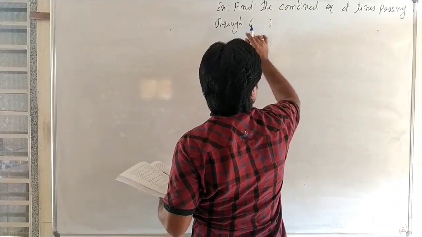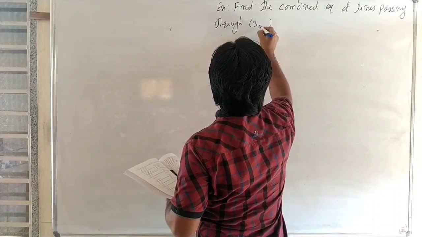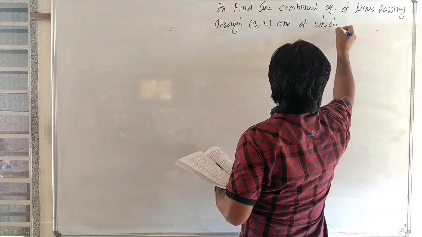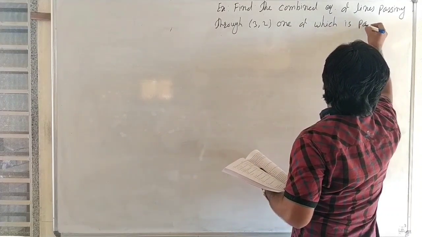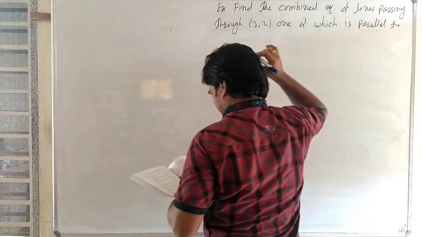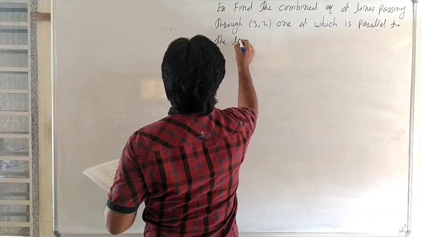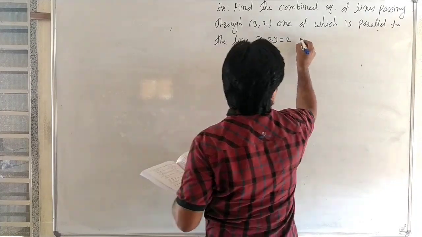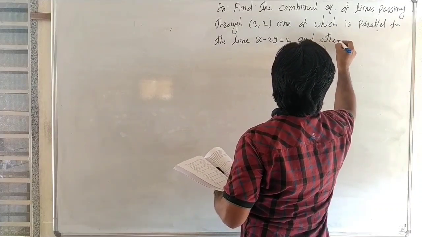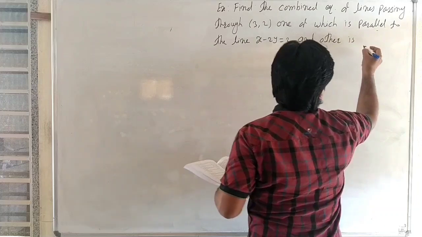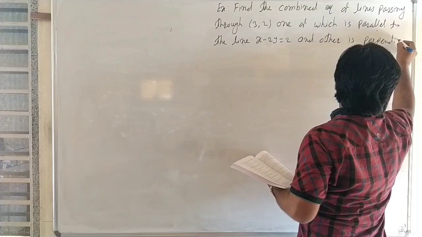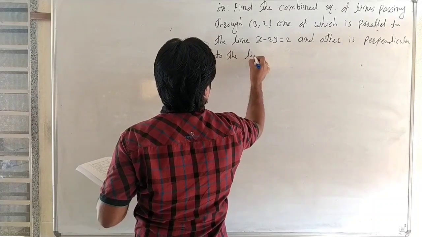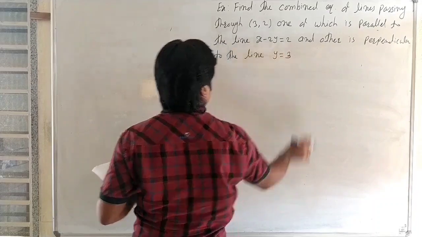Next example: find the combined equation of lines passing through the point (3, 2), one of which is parallel to the line x - 2y = 2 and the other is perpendicular to the line y = 3.